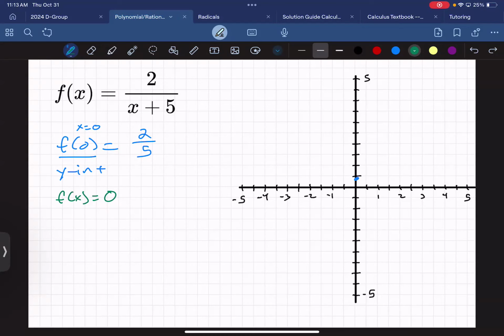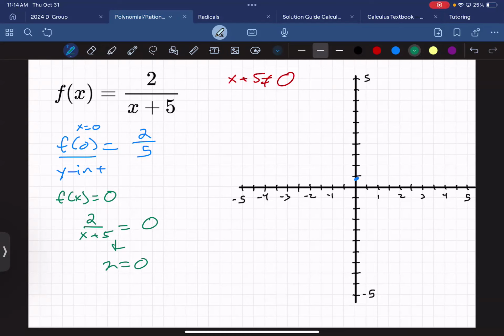With that said though, what part of this fraction becomes our focus when I'm trying to find the x-intercepts? Remember the x plus 5, we should have come up here and said this, right? So what we see here is this implies that 2 equals 0, which is that true or false?